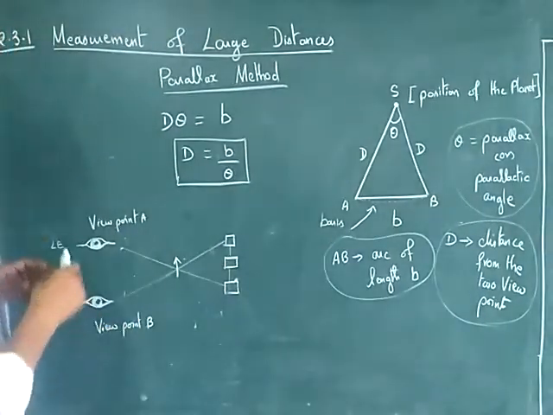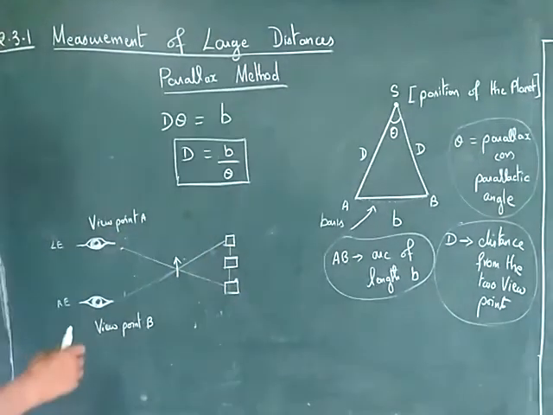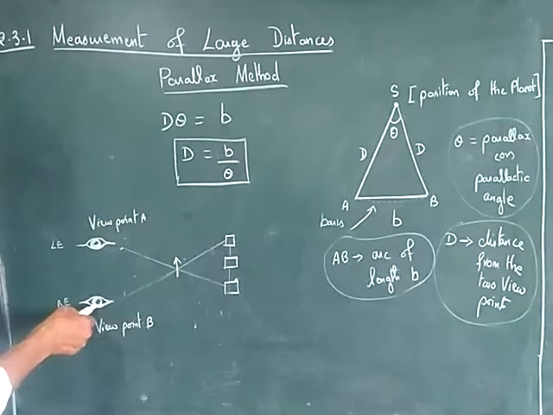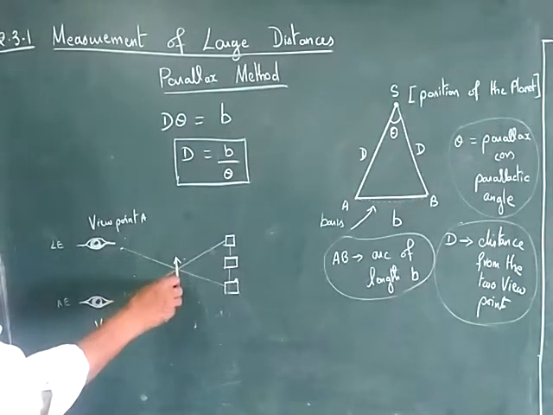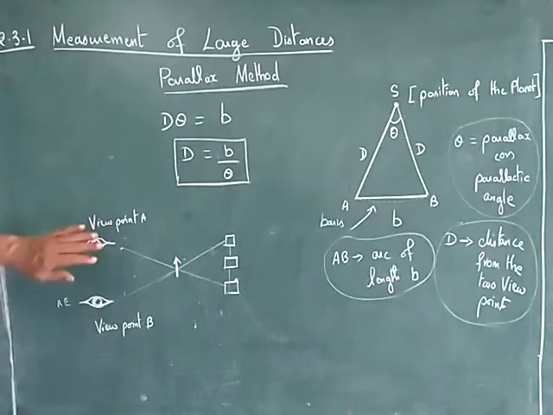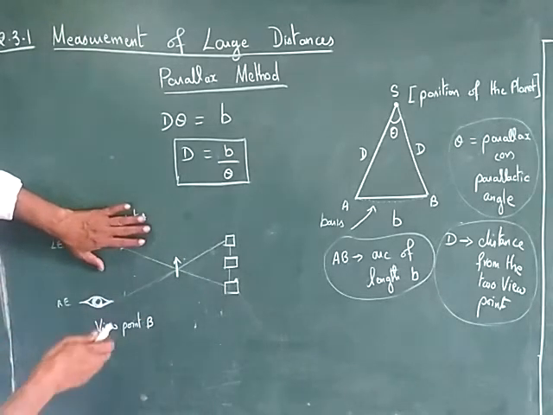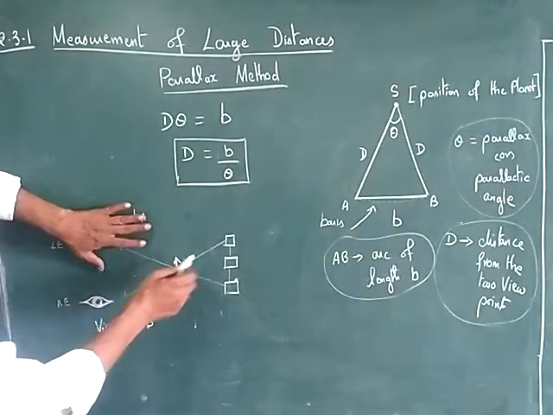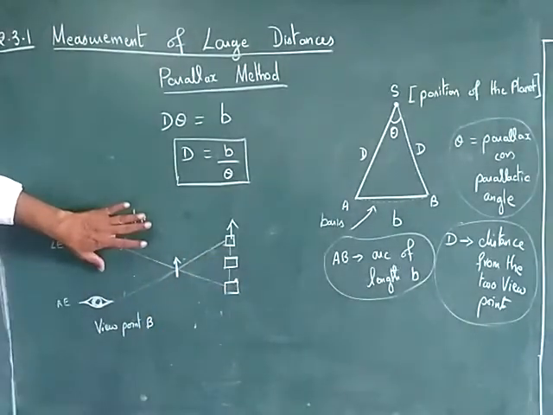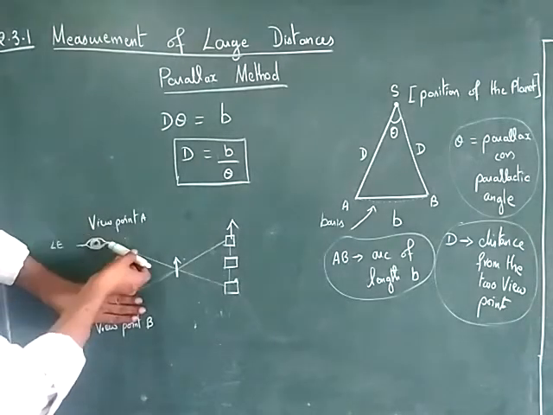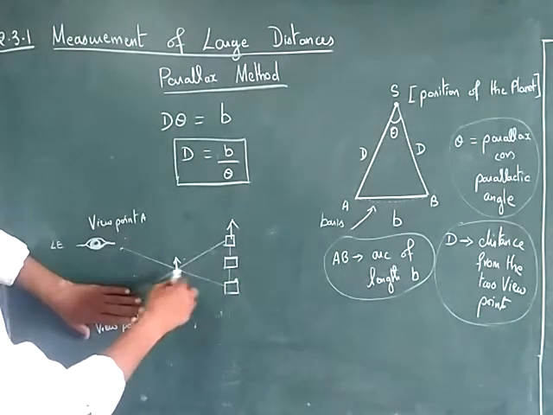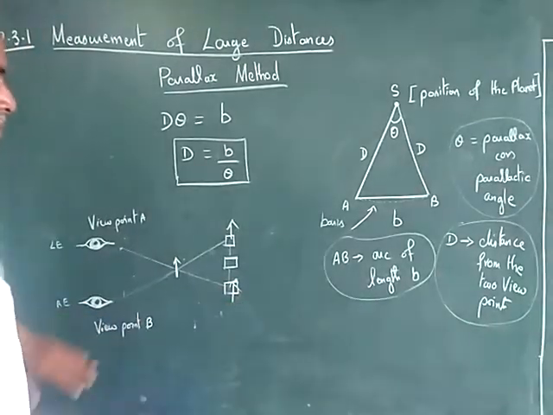So regarding the viewpoints, this is the left eye, this is the right eye. For the parallax method explanation, assume this is the object. If we close viewpoint A, that is the left eye, and view with the right eye, this arrow will appear here. Now if we close viewpoint B and view from viewpoint A, the left eye, this arrow will appear here.